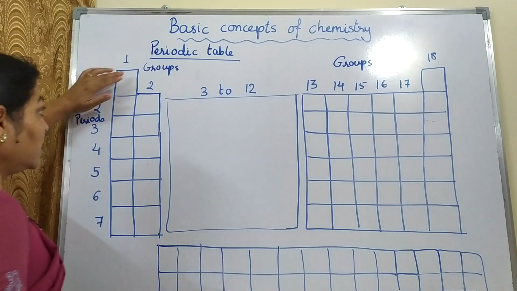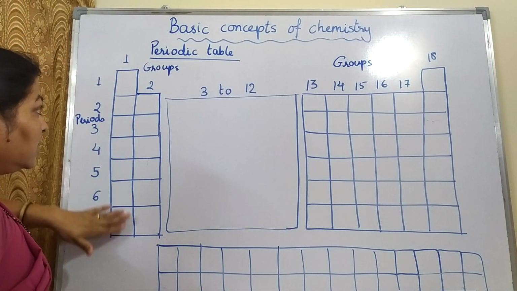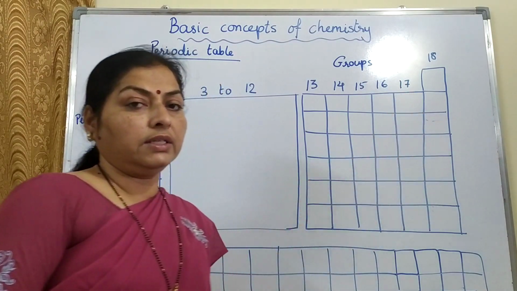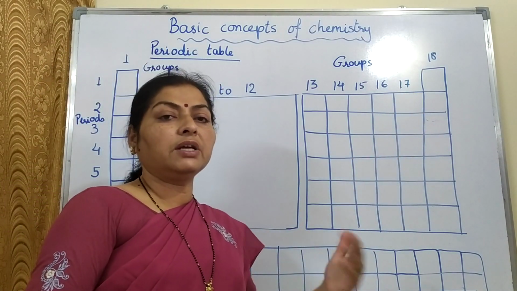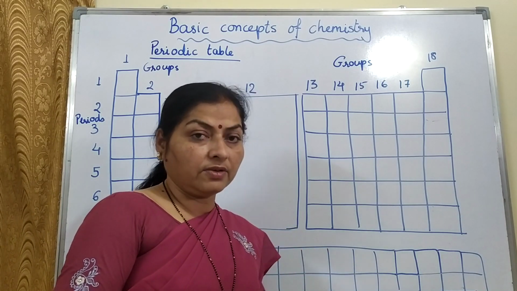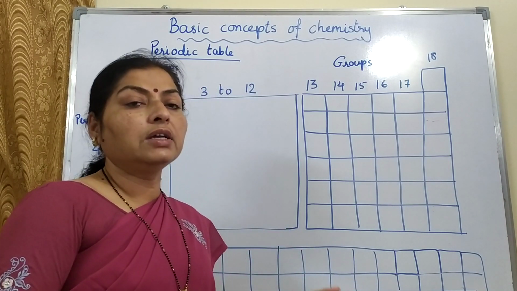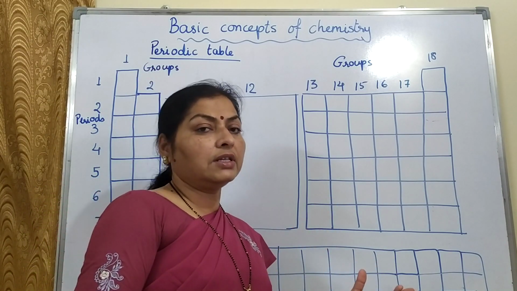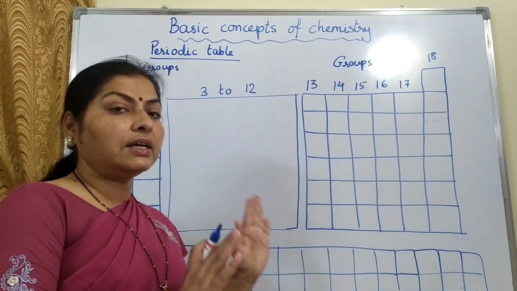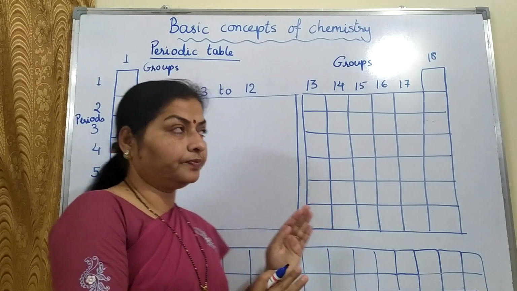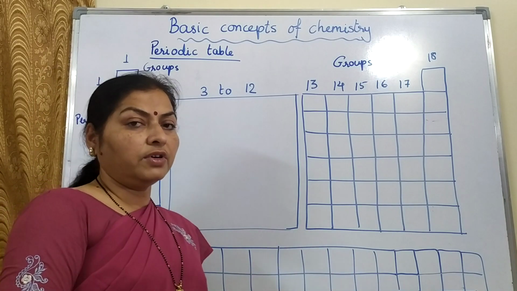Okay. Now the elements which are there in these groups, we need to learn their sequence. If we learn the sequence, it becomes easier to understand their properties, how they react. We are not going to go into much detail about their properties and reactions. We just want to learn a part of the periodic table this year, which will help you every time further also.